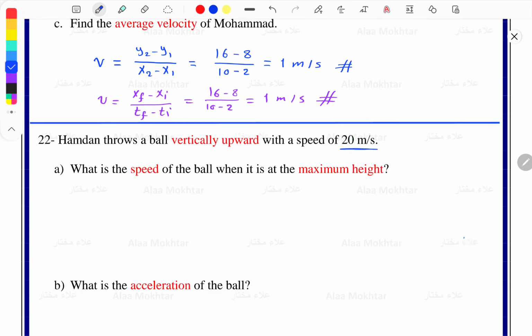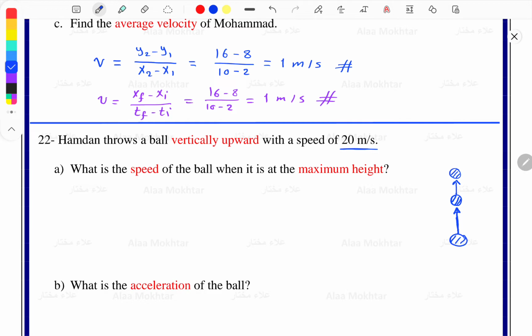He threw this ball from this point and throw it upward. What will happen to the velocity? Increases or decreases? Exactly. The velocity will decrease, then decrease more and more to reach zero. At the highest point, the velocity will equal zero.